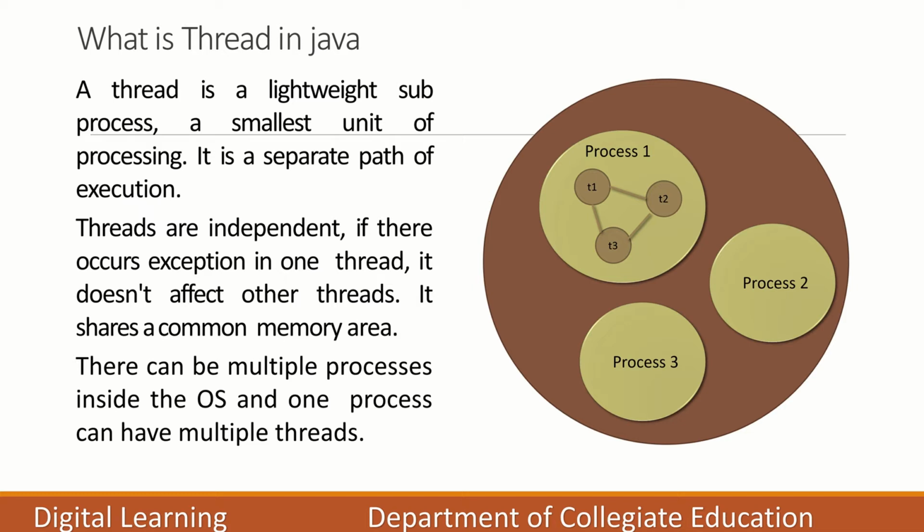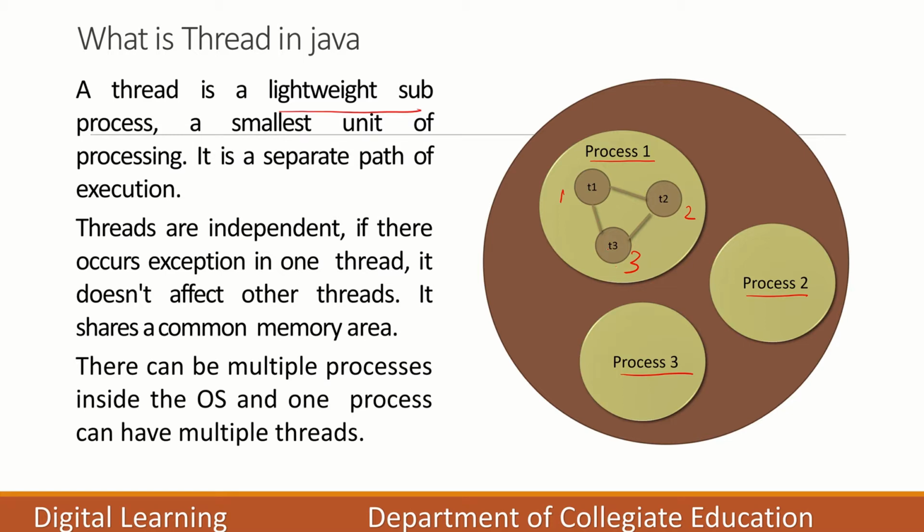So when you say thread is a lightweight process, as I said, a system may consist of a number of processes: process 1, 2, 3. Process 2 and 3 consist of only one thread, which we call the main thread, whereas process 1 is divided into 3 threads: thread 1, 2 and 3.